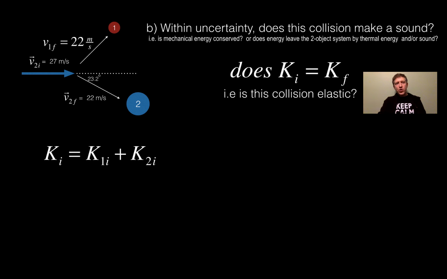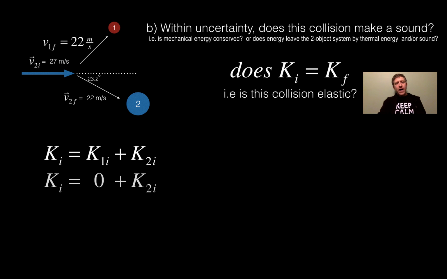So K initial of the system is equal to the initial kinetic energy of object 1 plus the initial kinetic energy of object 2. Now, I'm not going to split this into x and y. Why is that? Energy is a scalar. We don't have to split it. K initial is just the sum of the two initial kinetic energies, K1 initial and K2 initial.